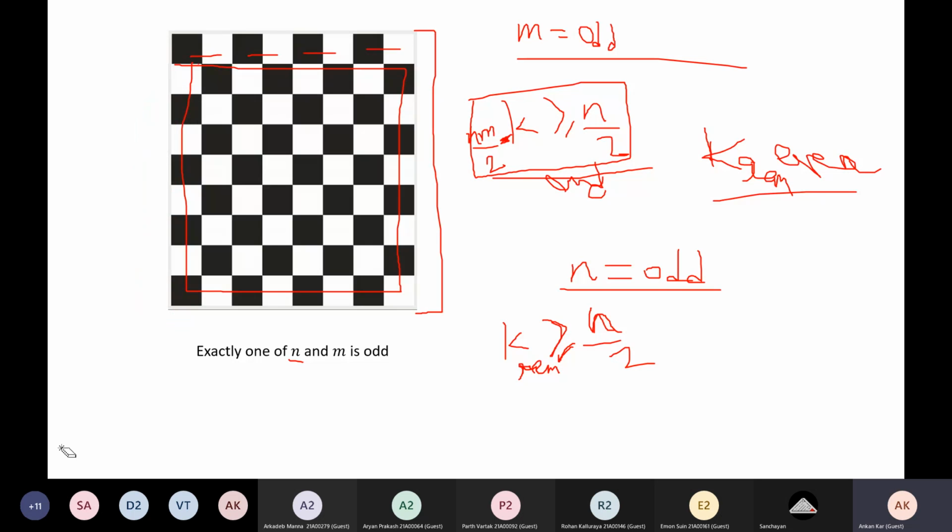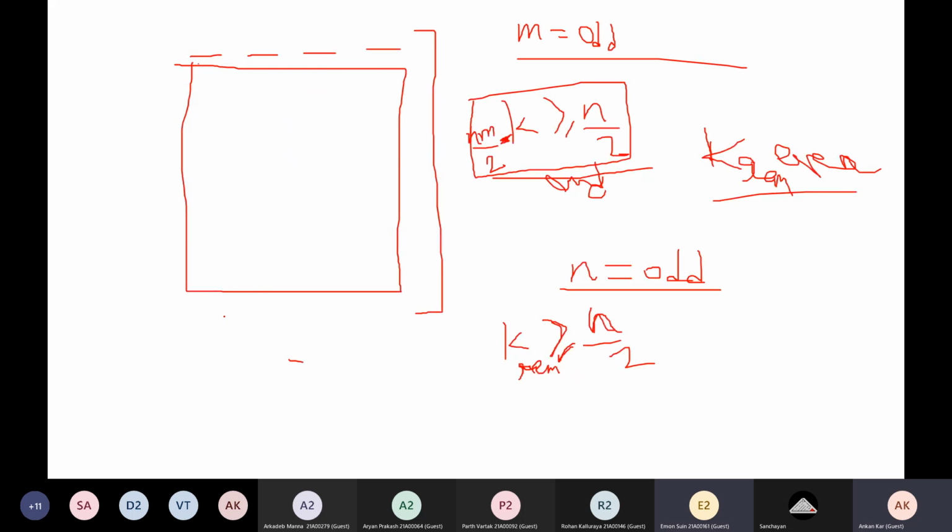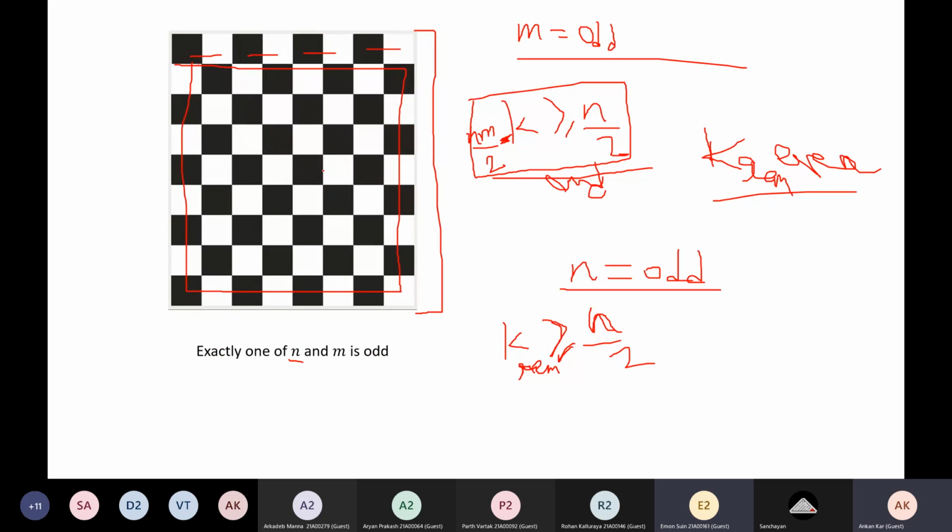And for the rest of the case, you can just do it like that. Then what would be your conclusion, what is the domain of k? For this case, the domain will be k is even, and k is at most mn by 2.